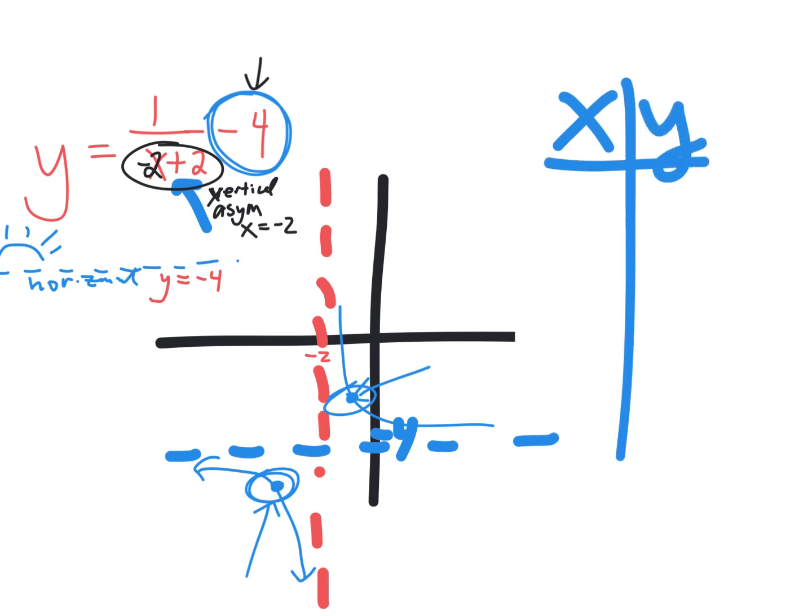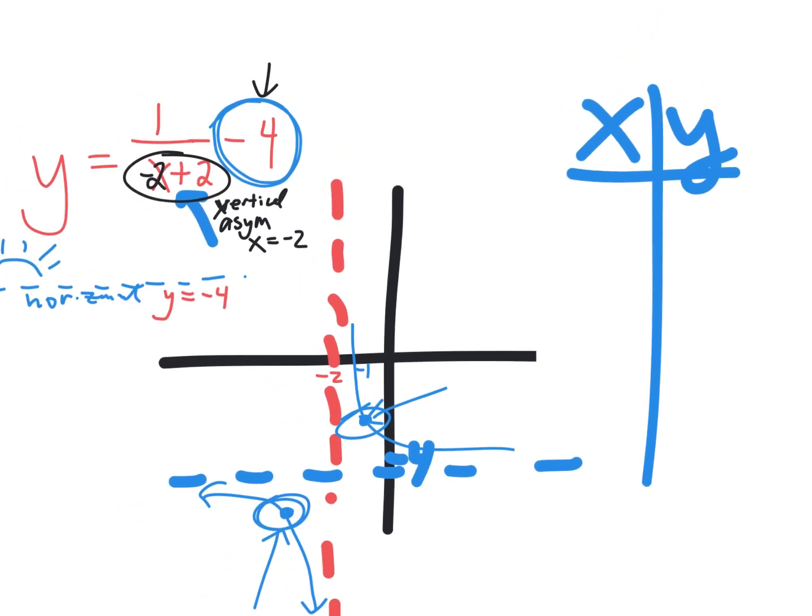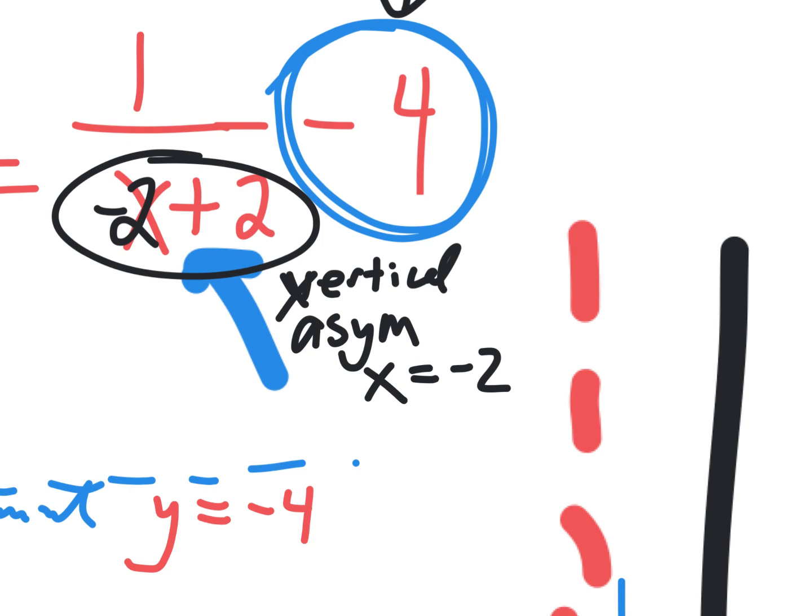And if you know kind of where they are, would you agree this is in the neighborhood of -1 comma something? Like -1, maybe -3 or something like that? Well, what happens if I put in a -1? -1 goes right here. 1 divided by 1.